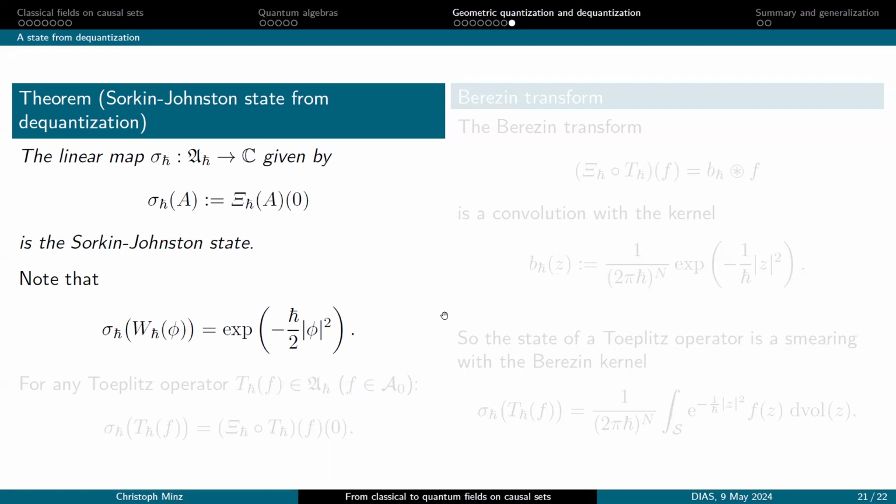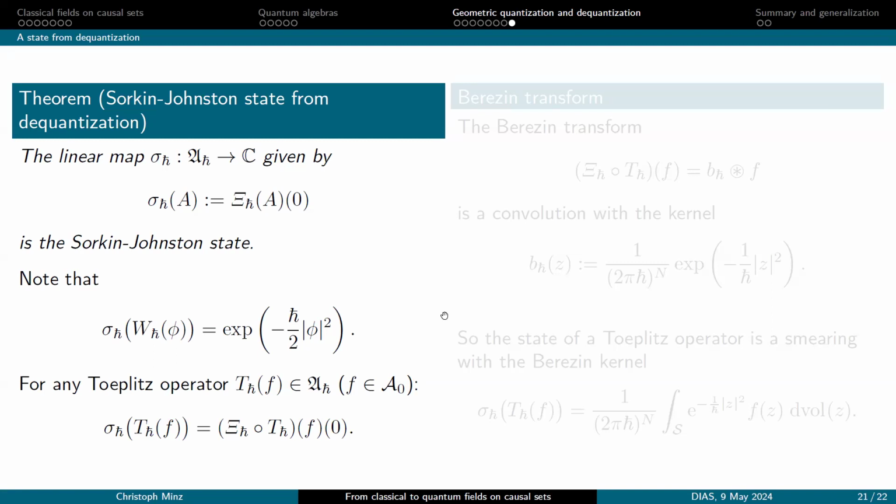And this comes from the expression I essentially copied again from the dequantization before, where I now replace this phi by 0, or I evaluate the phi at 0. So this drops the factor e to the i phi, and this just keeps this Gaussian profile there.